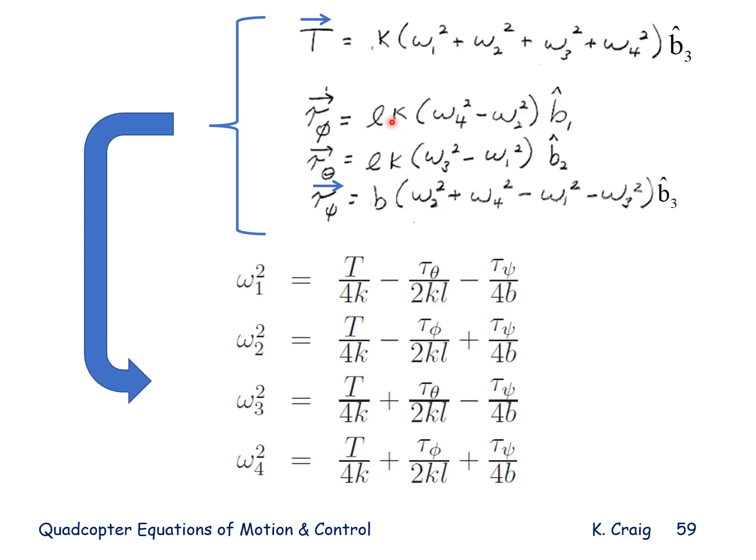K is the lift factor, B is the drag factor, L is the distance between the motor and the CG of the quadcopter, and that is the same for all four motors. Using these four expressions, I can solve for the propeller speeds, omega_1 squared, omega_2 squared, omega_3 squared, omega_4 squared.